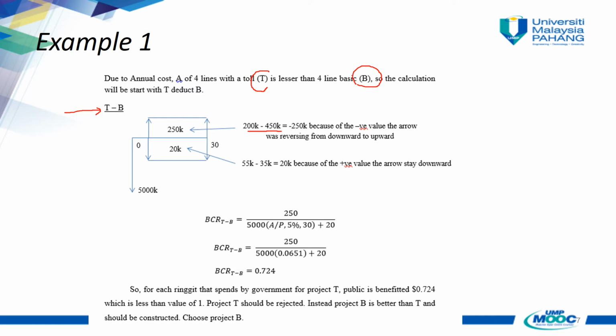However, because of the negative value, the arrow is reversing from downward to upward. It becomes like this.